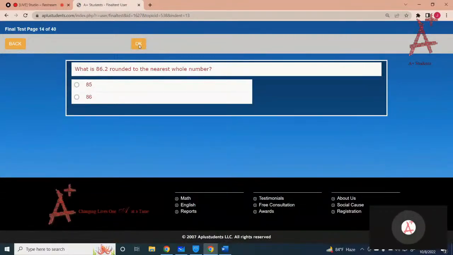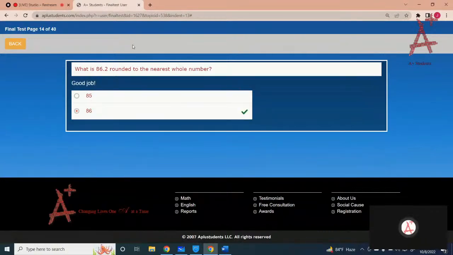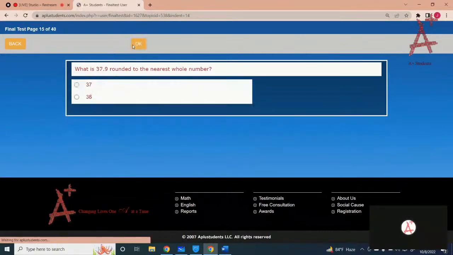Okay, what is 86.2 rounded off to the nearest whole number? So 86.2 is rounded off to 86. Because the digit right after the decimal is 2 and 2 is less than 5, that means you have to keep the same whole number, so it would be then 86. What is 37.9 rounded off to the nearest whole number?